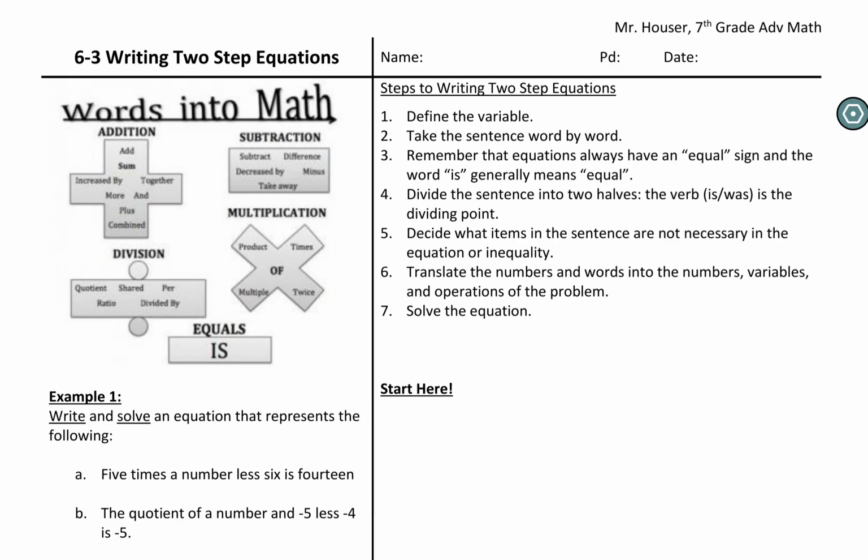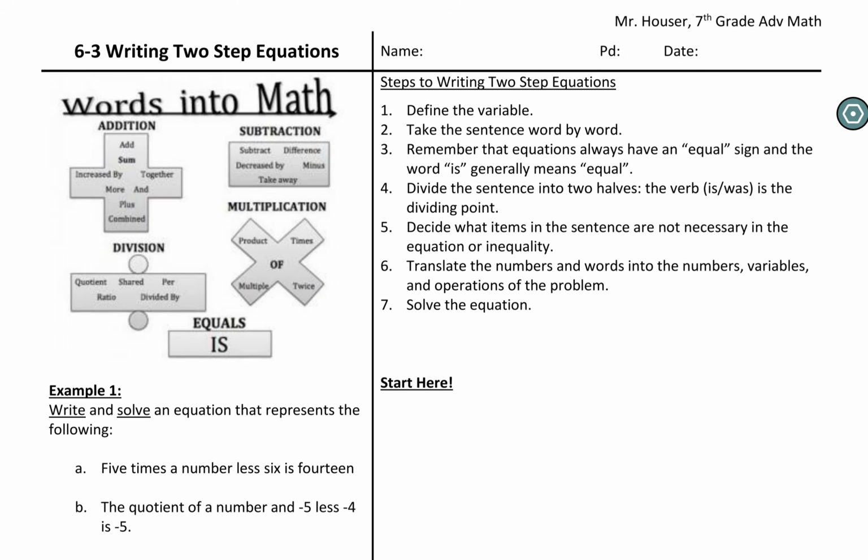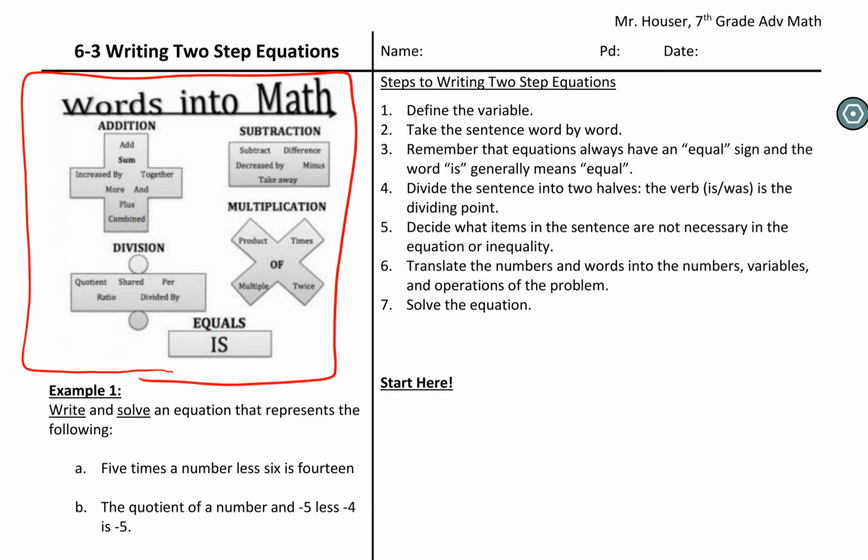Hello everyone, now we're going to look at how we can write two-step equations. So if you look over here at the top left, I have several different vocabulary terms that go with the different operations. Most of these you are probably aware of, but things like with addition, we have sum, together, total, add.